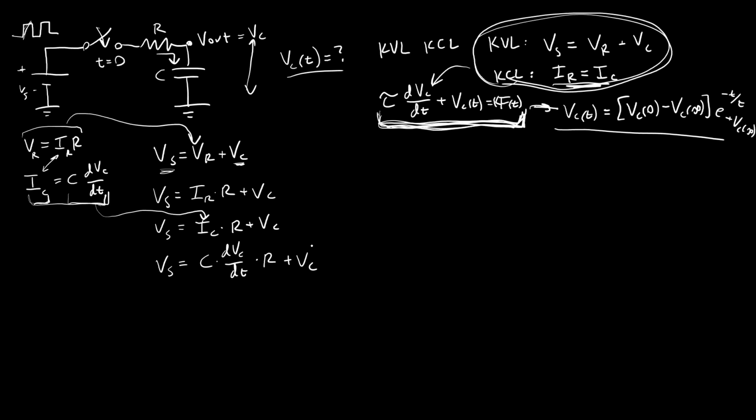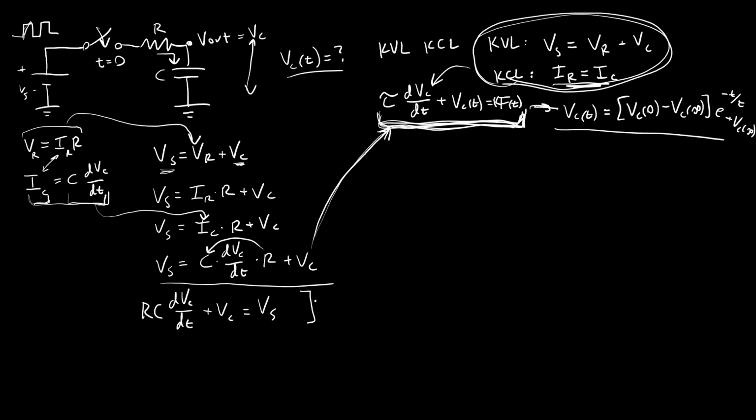And I now have something that looks suspiciously like that. I just need to rearrange things a bit. Switching my pen color back to white, we are going to move the R over in front of the derivative and put that term on the left side. So we have RC times dVc/dt plus Vc equals Vs, which is a constant.